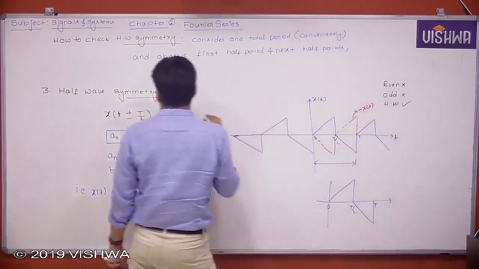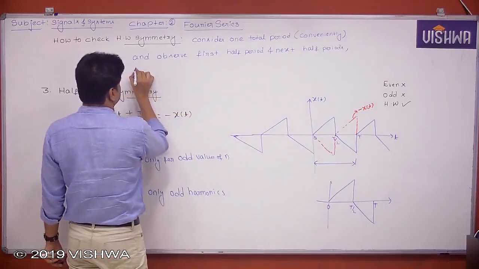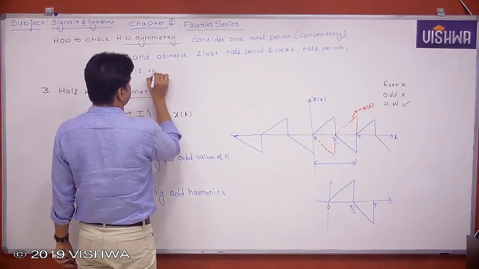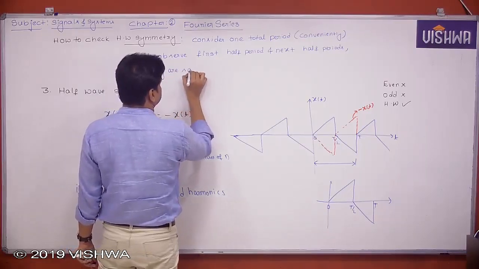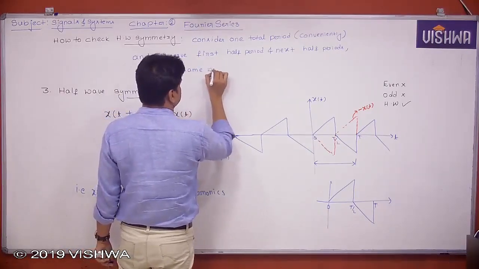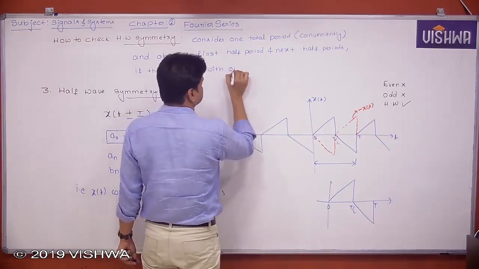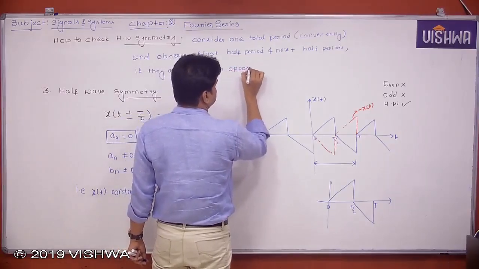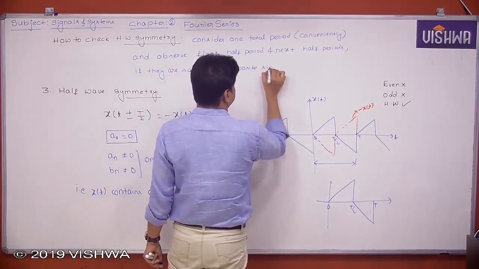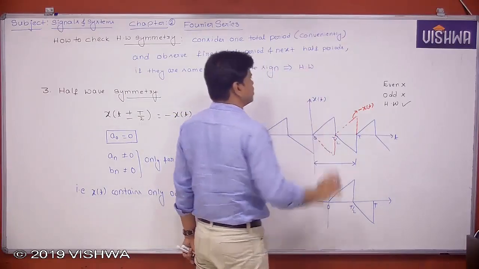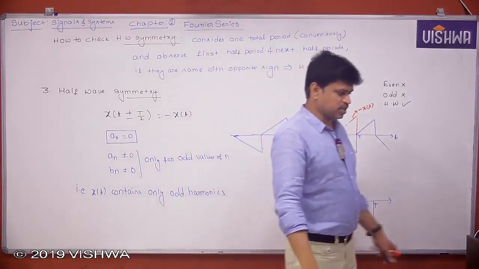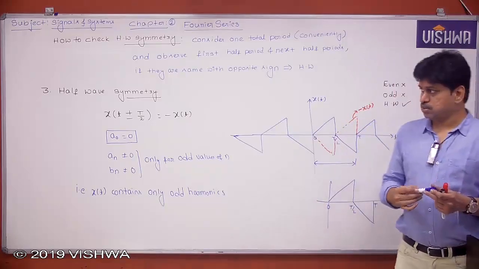If they are the same with opposite sign, that implies we are having half wave symmetry. If they are not like that, then we don't have the half wave symmetry.